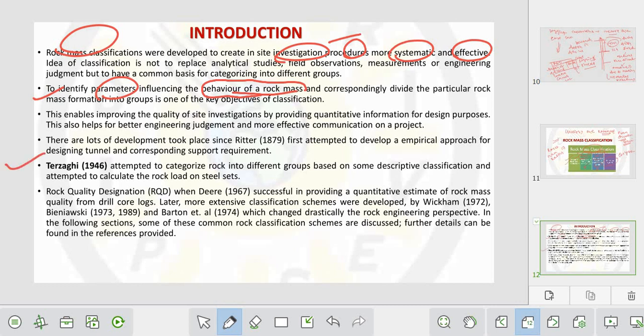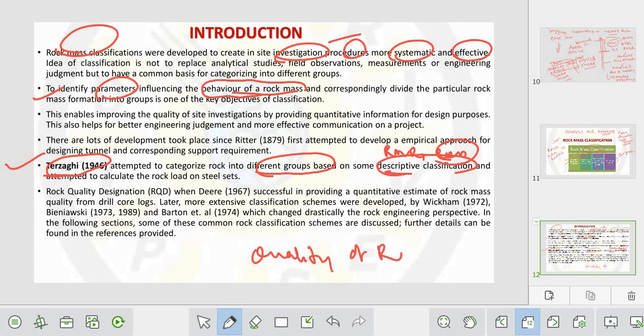So Terzaghi attempted this, which is really important. Geologists attempted to categorize rock into different groups based on some descriptive classification, like RMR and RQD. So these are the classifications based on which parameters we identify the quality of the rock mass, whether the rock mass is suitable for any type of construction work or not.